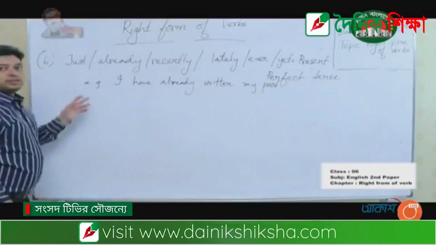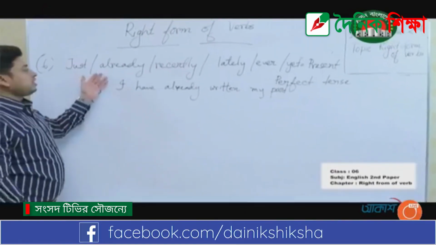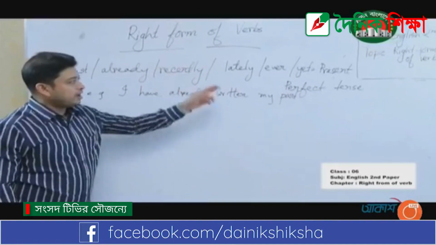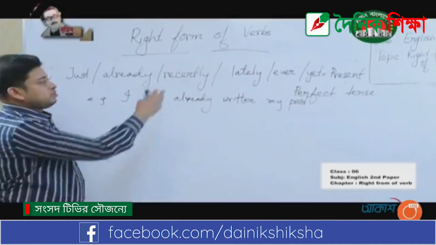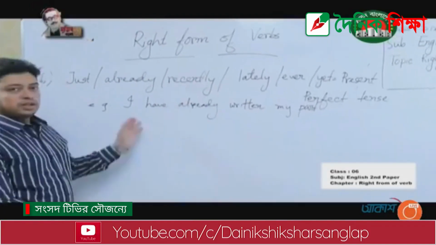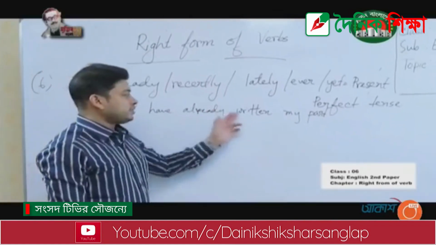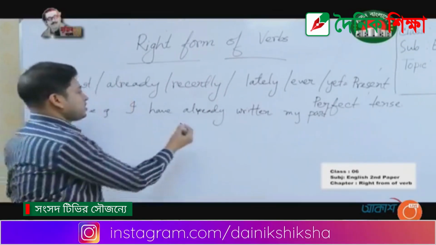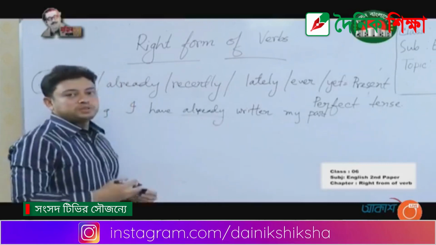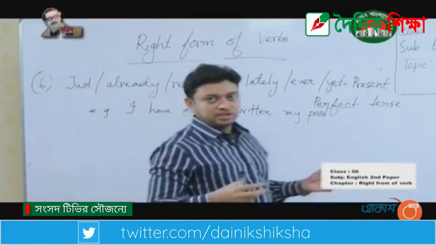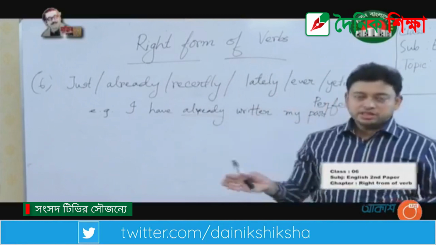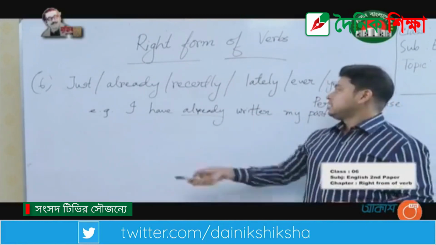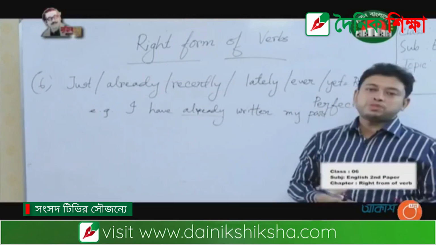So if there is just or already or recently, lately or ever or yet, the tense will be present perfect tense. Example, I have already written my part. See, already is there. So we know that there will be present perfect tense. The present perfect tense structure is subject plus have or has, then the V3, that means the past participle form.